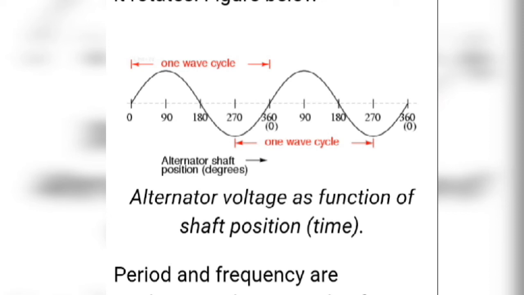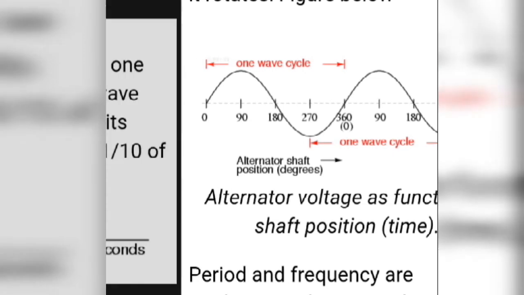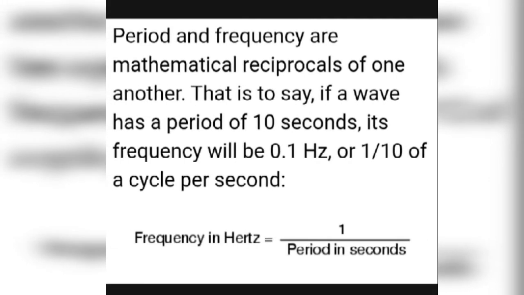Alternating voltage is a function of shaft position or time. Period and frequency are mathematically reciprocals of one another.